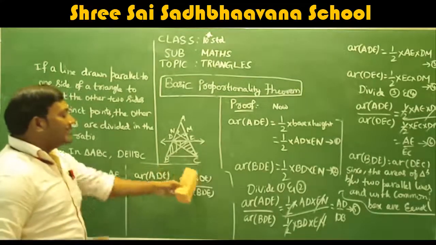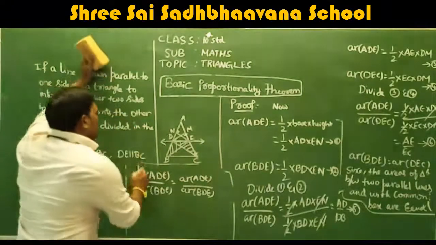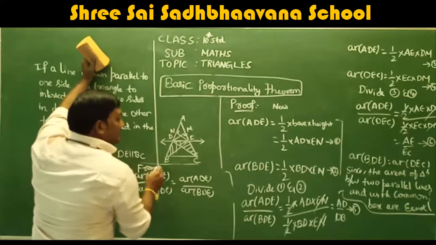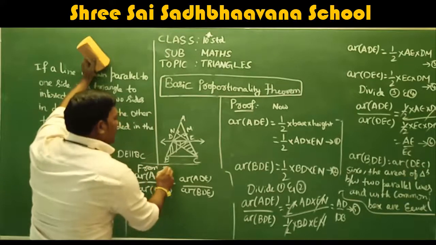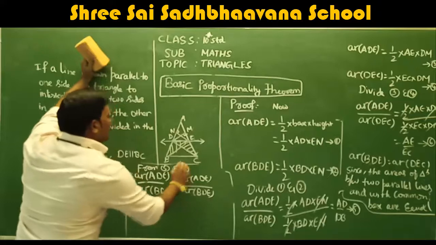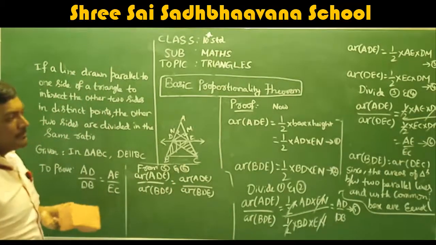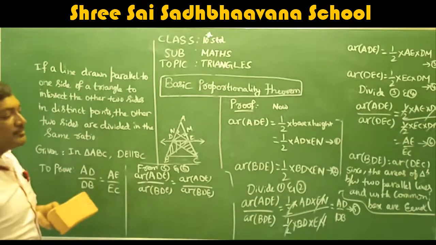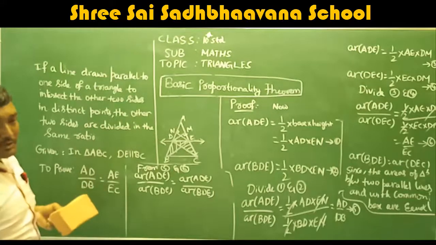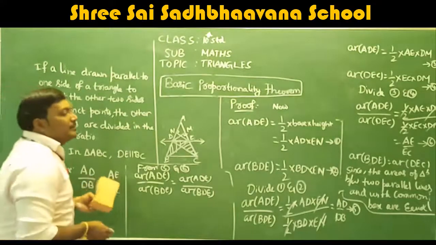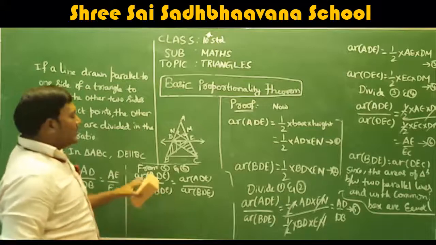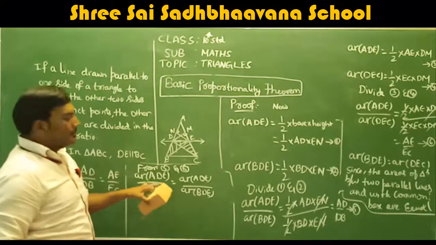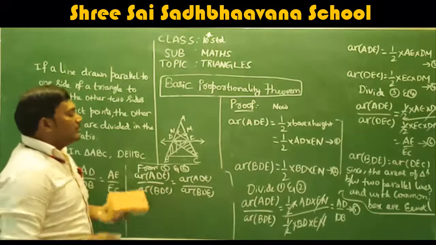So if in this case you see, from 5 and 6, LHS is the same. Because DEC we replaced with BDE because they are equal according to the property. So area of triangle ADE by BDE is equal on both sides.